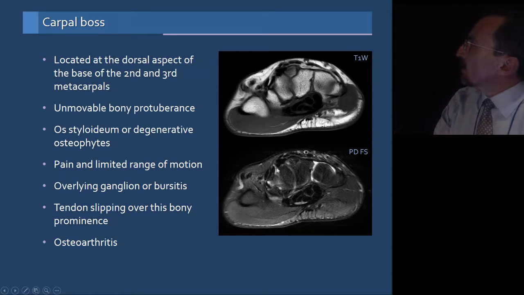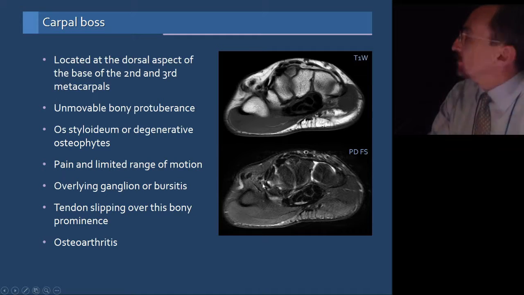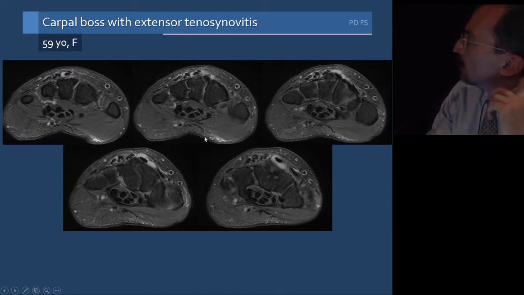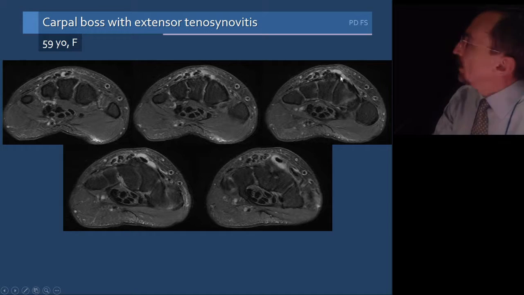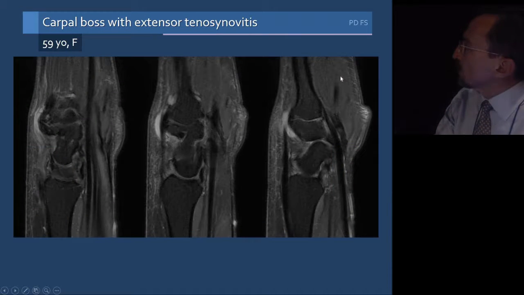And in this particular patient here, the presence of ganglia would be exemplary of the strain placed on the surrounding soft tissues. That patient did not have it, but this patient here has the tenosynovitis and some tendon tears of the extensor side here. She had, this is a different patient, she had carpal boss also on this side right here. So overlying extensor tenosynovitis would be an important consideration there.